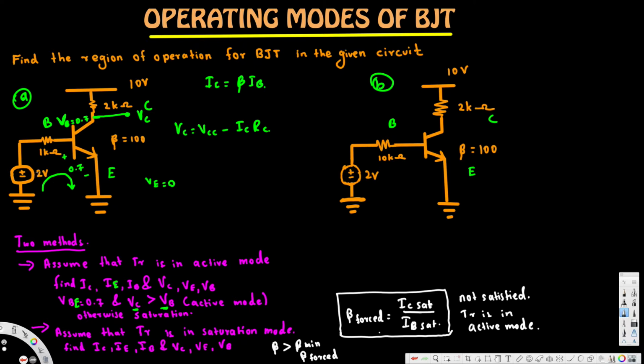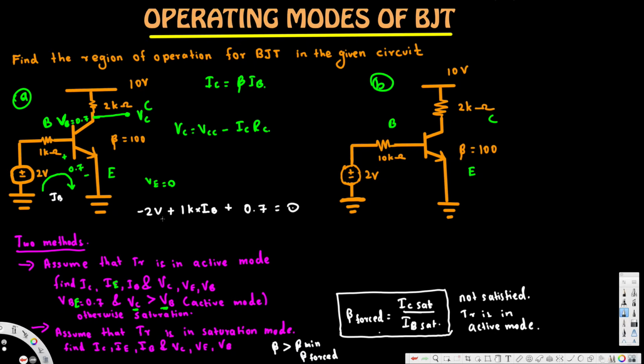Now let's apply KVL here. Since current is flowing in this way, this is going to be negative 2 volts. And then here we have 1 kilo ohm. So plus 1K times, let's call this current IB. 1K times IB plus 0.7 should give us 0.